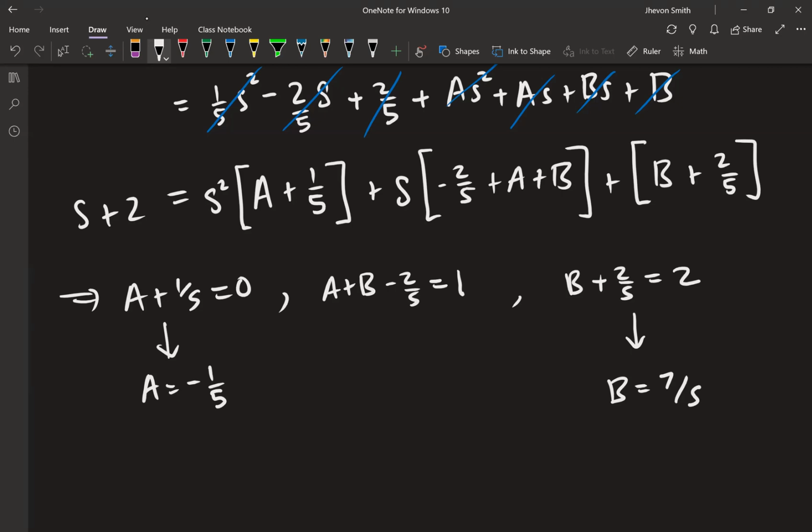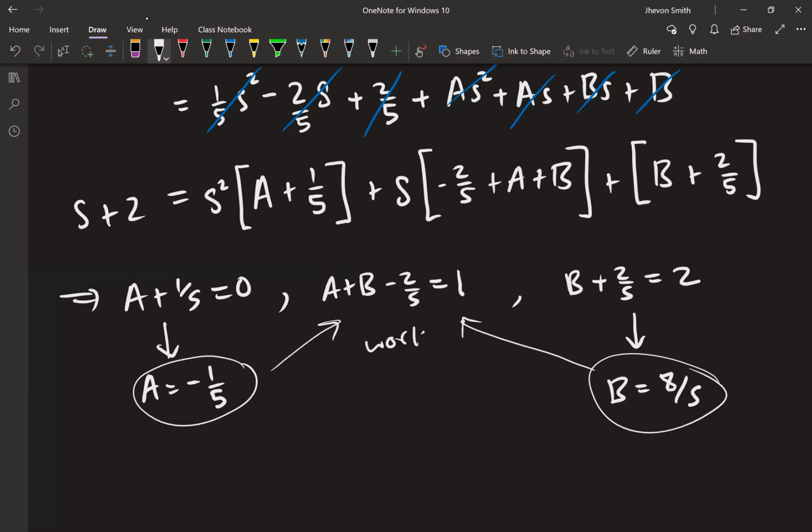So if I take minus 1/5 plus 8/5 minus 2/5, so minus 1 plus 8 minus 2, that's 5/5, and I do get 1. So these guys look like the right numbers here. At least they make those guys work. So my a is minus 1/5.